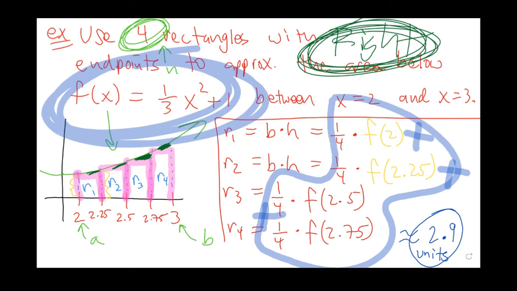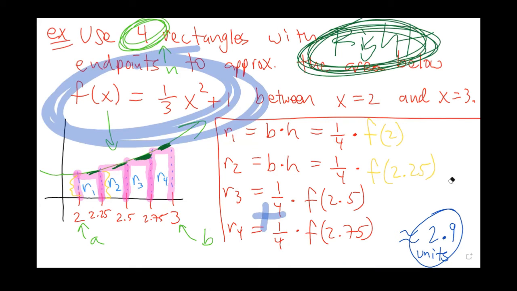Well, in that case, can we agree that I still would have had a 1/4 base length? But for the height of R1, if you use right endpoints, can we agree that instead of f of 2, it would have been f of 2.25, right?